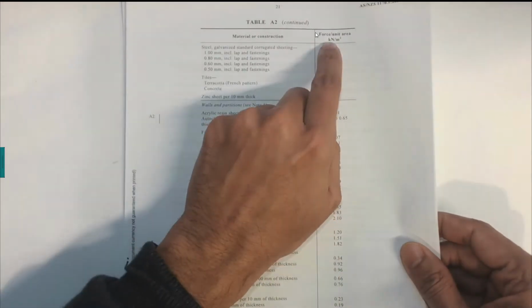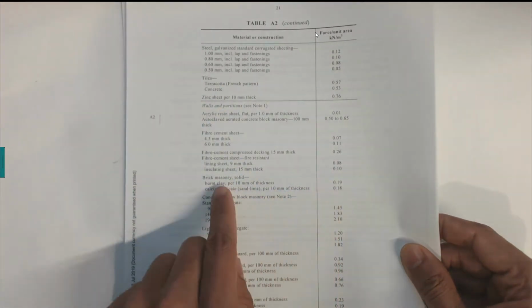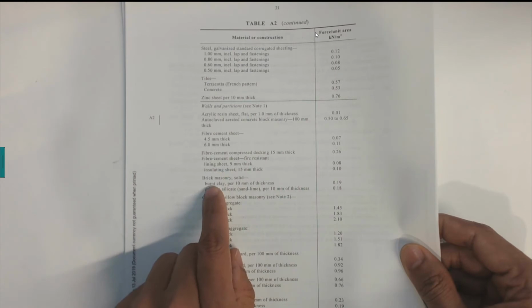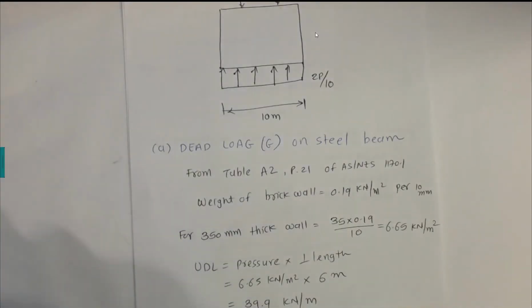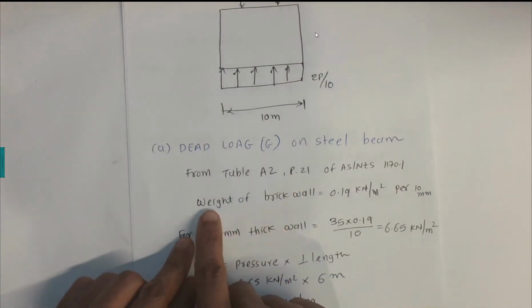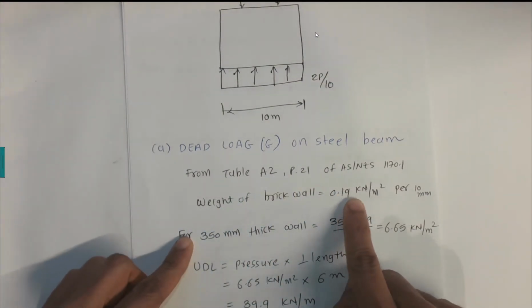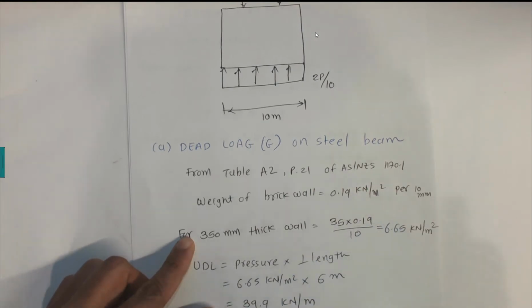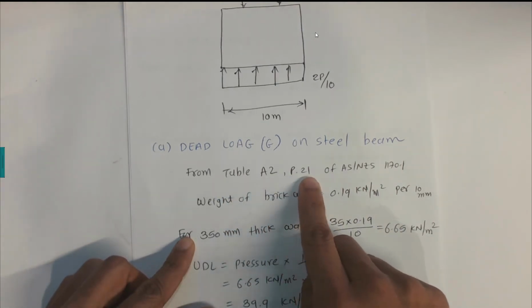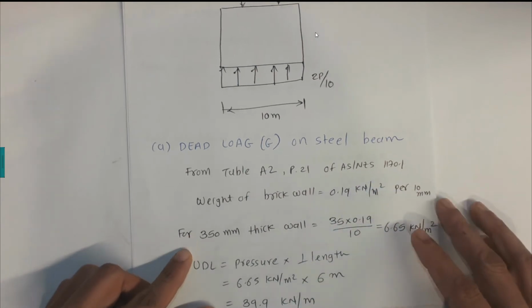The unit is kilonewton per meter square. So the weight of brick wall of 10 millimeter thickness is 0.19 kilonewton per meter square, and that is given in Table A2, page 21 of AS/NZS 1170.1.